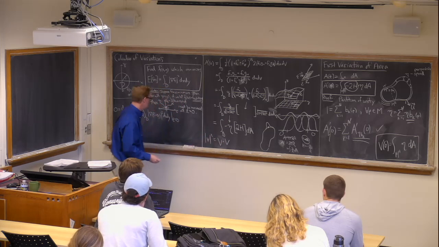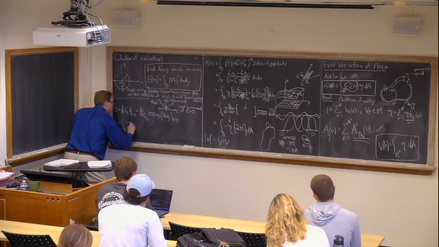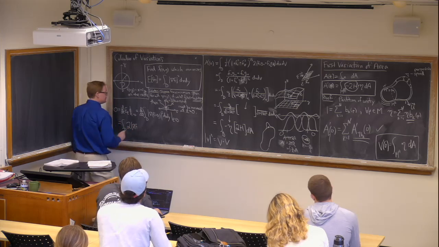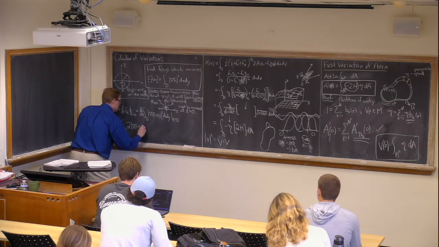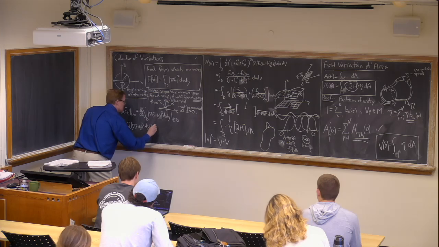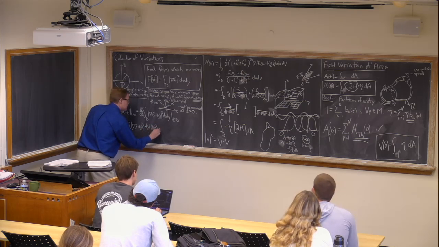And so then what I get is 2 times the gradient of f plus tg, dot product the gradient of g, dx dy.